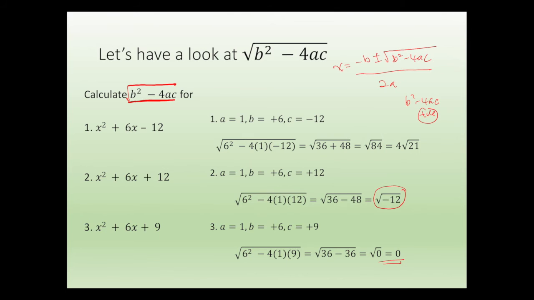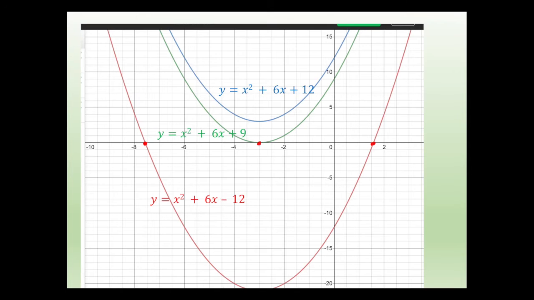For the next one, if it is a negative number, you cannot actually solve for x at all. The square root of b squared minus 4ac does not exist. So if you have square root of 0, the last one, b squared minus 4ac is 0, and x is actually just minus b over 2a. That's all, because there are no two values from the square root.